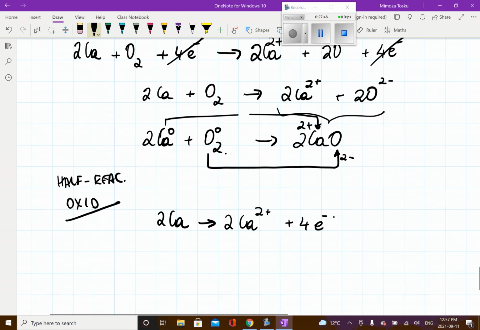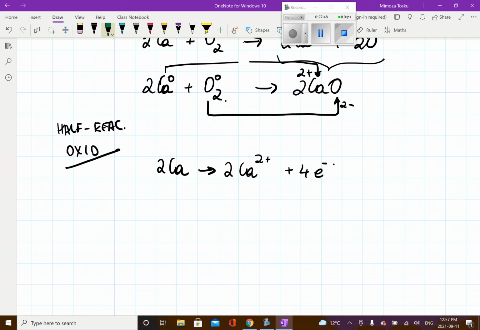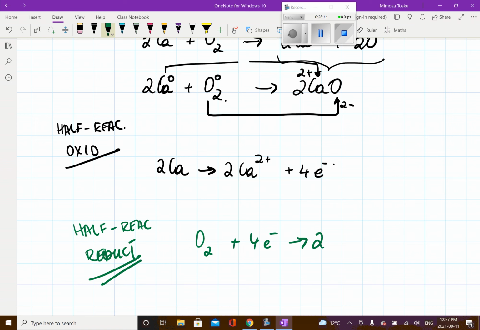And if we are asked to write the half reaction reduction that involves the gain of electrons, then we will write the oxygen plus 4 electrons gives us 2 O 2-. Okay, makes sense?